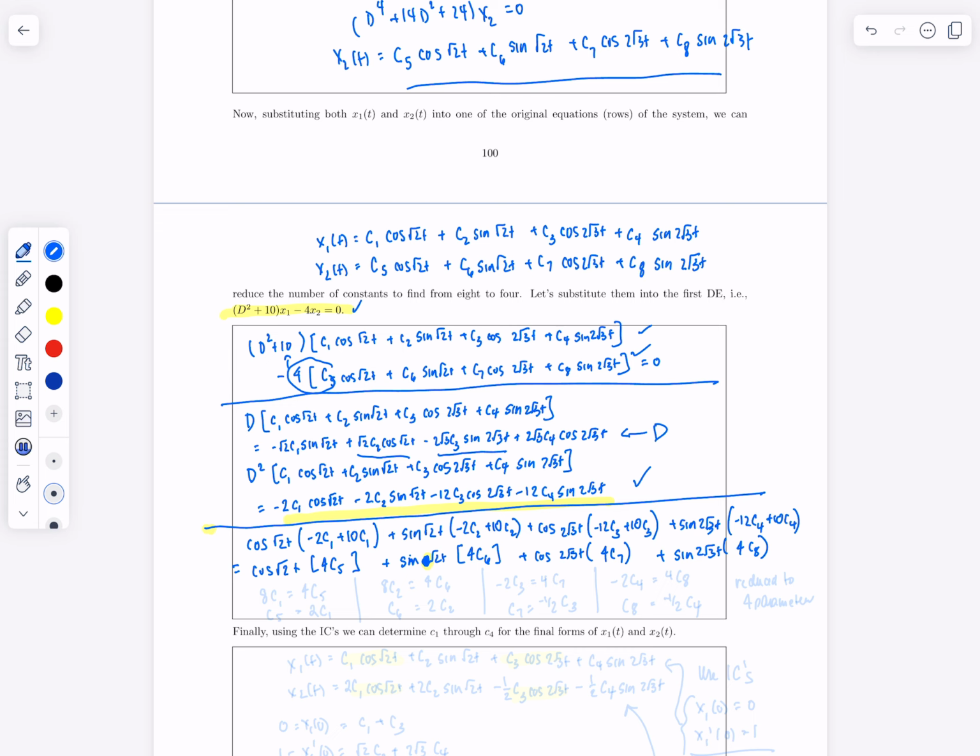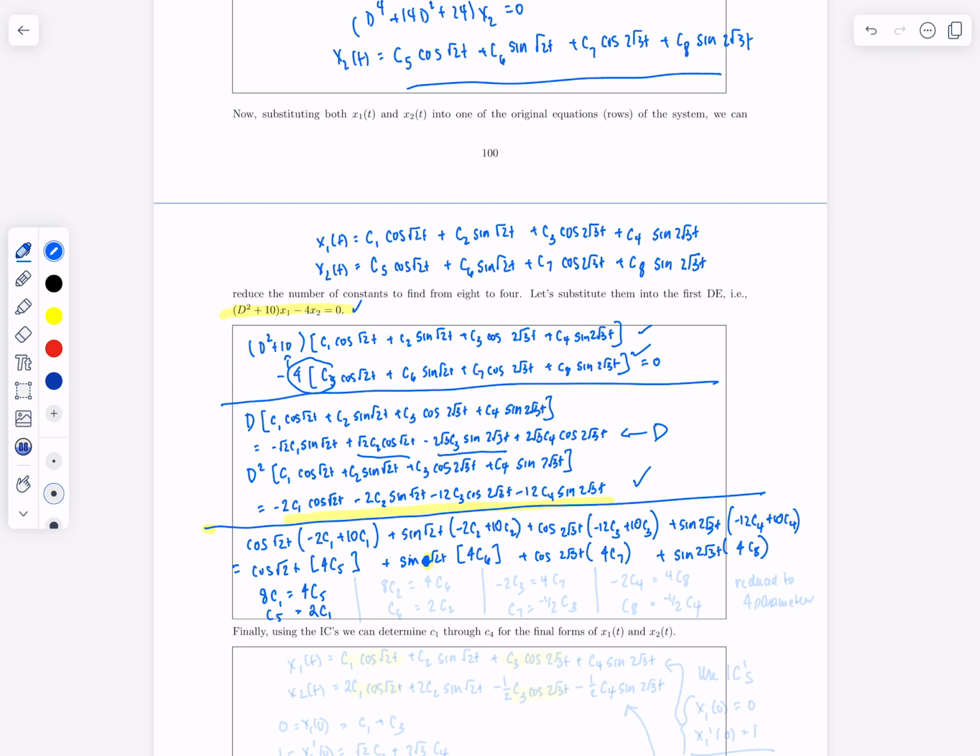And if we have equality, and all of these terms are matching up with sines and cosines, that tells us immediately that you must have equality inside all those brackets and parentheses. In other words, combining those terms, you must have that 8c1 equals 4c5, or c5 is simply twice c1.